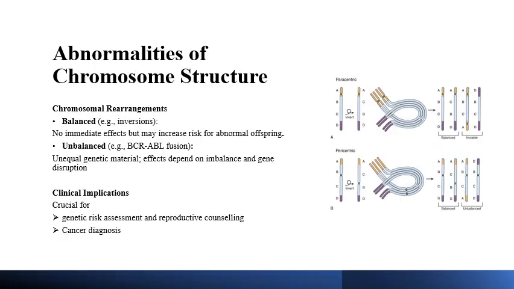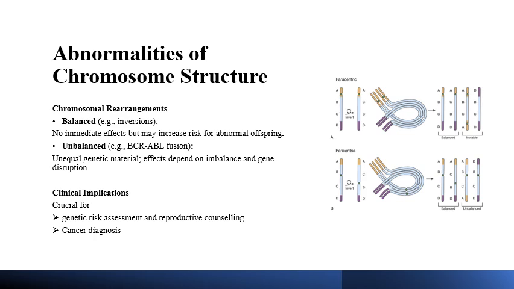Now I'll take you through the abnormalities of chromosome structure. Structural chromosomal abnormalities such as reciprocal translocations and inversions can be balanced or unbalanced. While balanced rearrangements often have no immediate effect on the carrier, unbalanced changes can disrupt gene function and are linked to various genetic disorders such as chronic myeloid leukemia and the BCR-ABL gene fusion translocation.